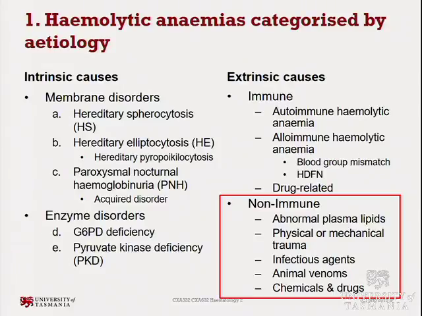So now we're going to go on and have a look at non-immune hemolytic anemias. These don't have anything to do with the immune system, so they don't have anything to do with antibodies. They are often direct lysis of the cells by agents, or something has changed within the environment that has caused lysis of the cells.